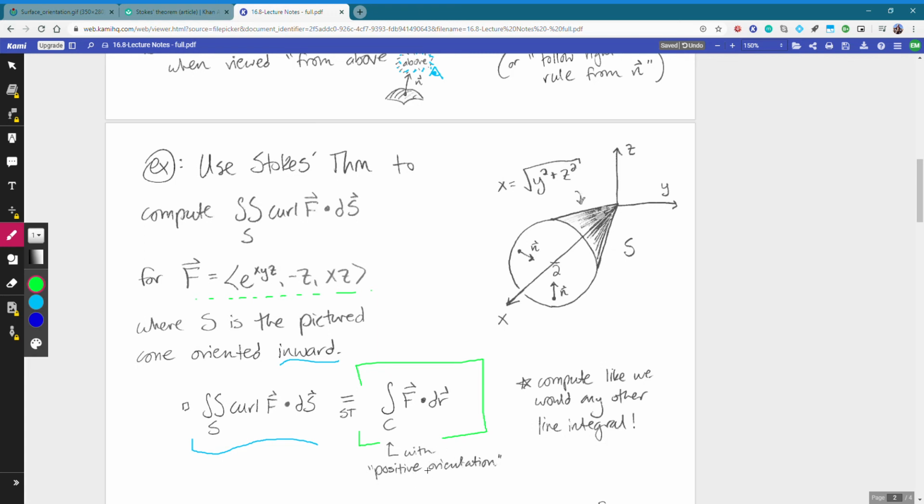The language that's used is positive orientation, the direction that matches or is in harmony with our choice of normal direction on our surface S. And at this point, once we've taken our surface integral for the curl and swapped it out for this line integral, this really becomes our world. We can forget about the surface integral and we can compute this line integral just like we would any other line integral, right? We have our 2 steps for success. How do we compute a line integral?